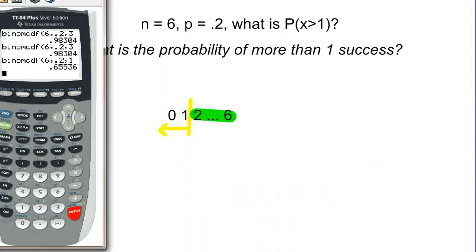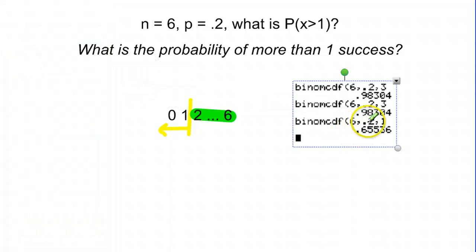I can find the probability of 1 and down, which is what I did earlier, binomial CDF of 6, 0.2, 1. So my probability on the left is 0.655.